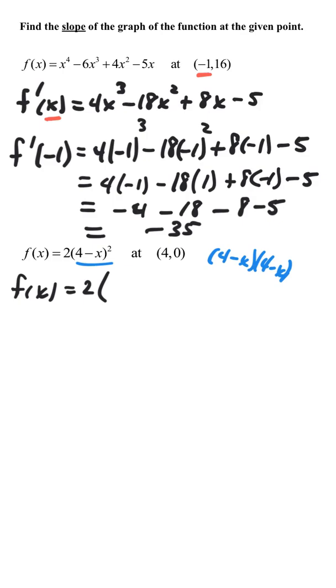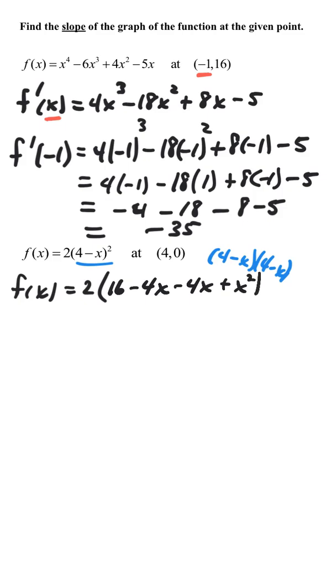Okay, so 4 times 4, 4 times negative x, inside 4 times negative x, and last negative x times negative x.